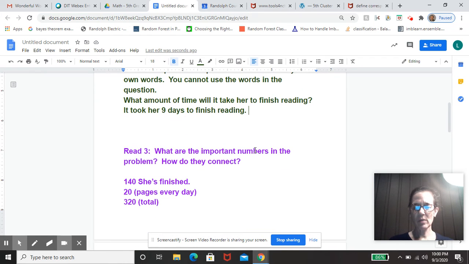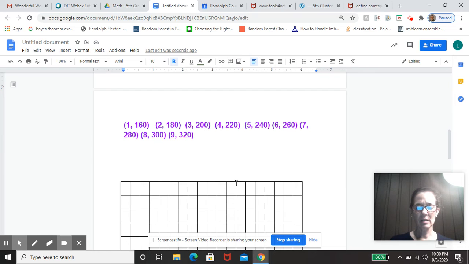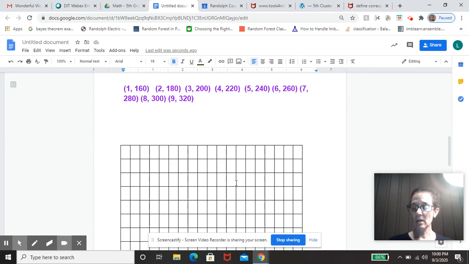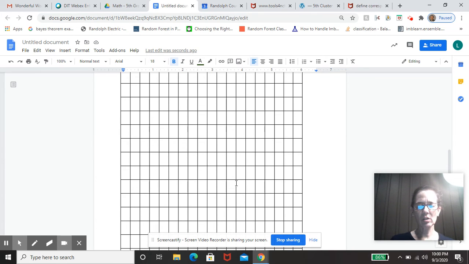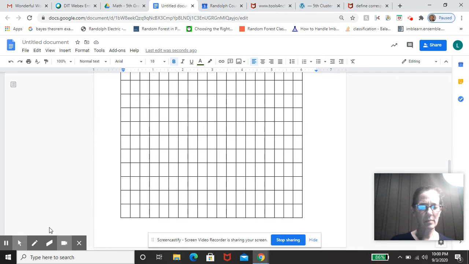Okay, so we have our pairs. So I have a grid, and we could put our coordinate pairs, plot them on the grid, and look at our pattern. So I'm going to start. How should we go about numbering our grid?